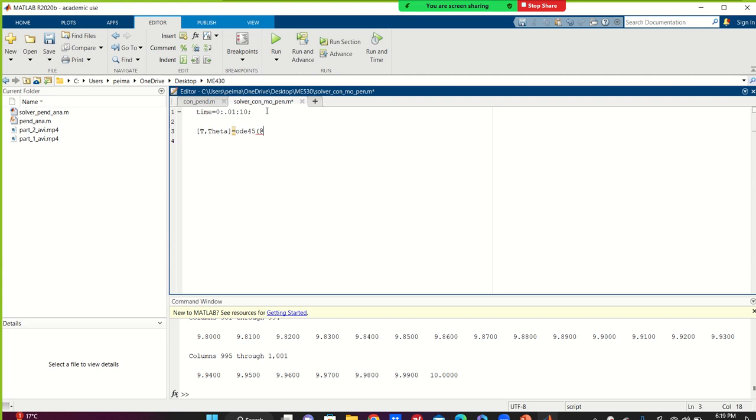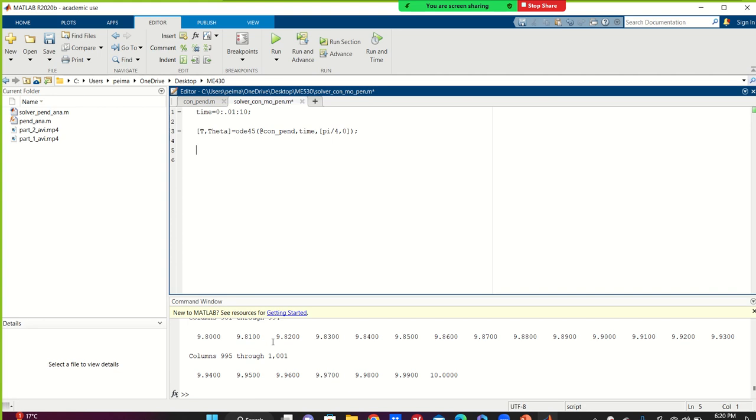The at sign means go and call another M file. I'm calling this M file. Now time, now initial conditions, I'm saying 45 degree and 0. Okay, here we go.